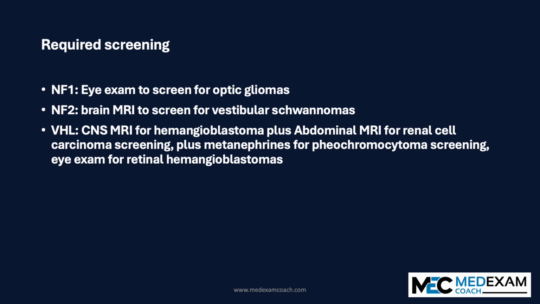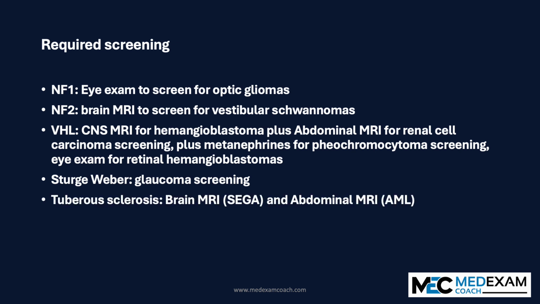Abdominal MRI for renal cell carcinoma, and I want to emphasize it's clear cell renal cell carcinoma, it's not papillary or chromophobe. Plus either serum or urine metanephrines for pheochromocytoma screening, and then eye exam for retinal hemangioblastomas. Sturge Weber, highly associated with glaucoma. Glaucoma screening or eye exam.